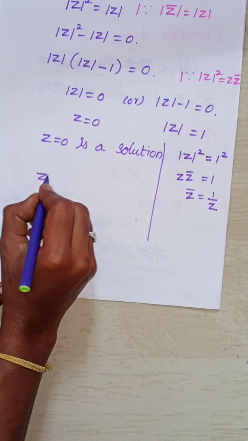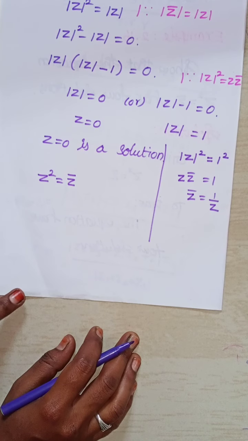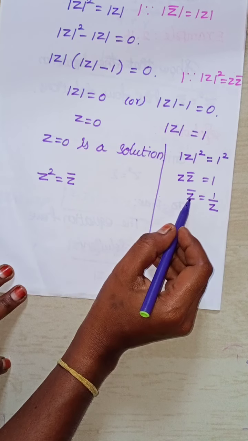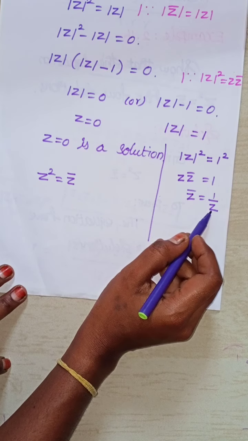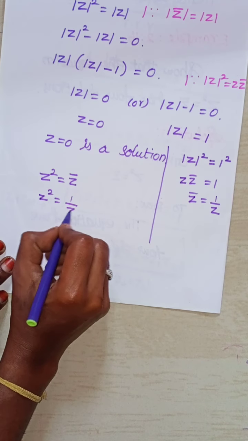What is given? Z squared is equal to z bar. Z bar is nothing but 1 by z. So z squared is equal to 1 by z.